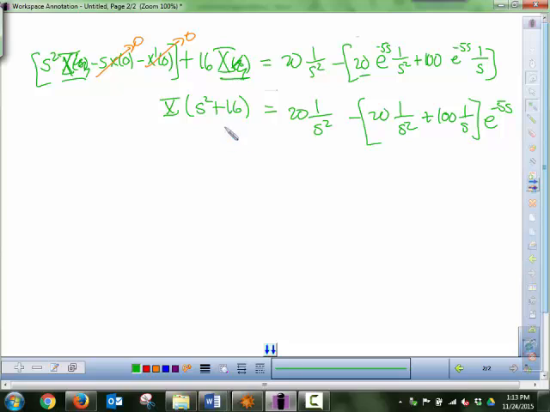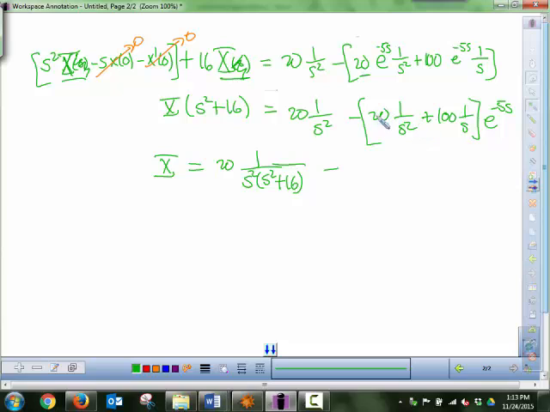And now I have to divide everything by s squared plus 16. So my x function is equal to, I'll write 20 on the side, 1 over s squared plus 16. I'll be interested in splitting this up. Minus, I wonder if I should combine this and then split it up.